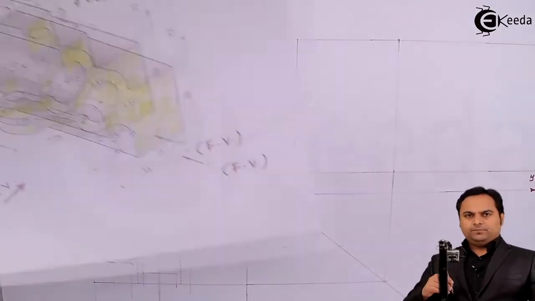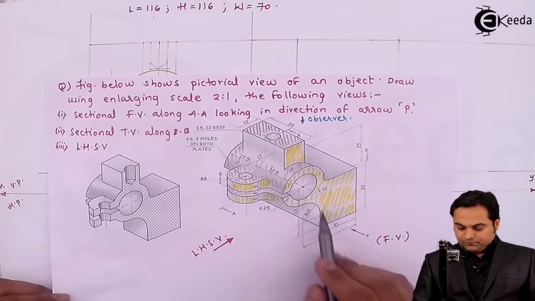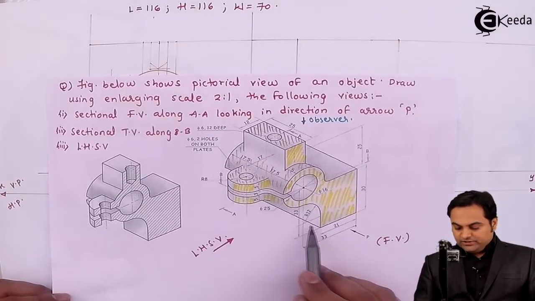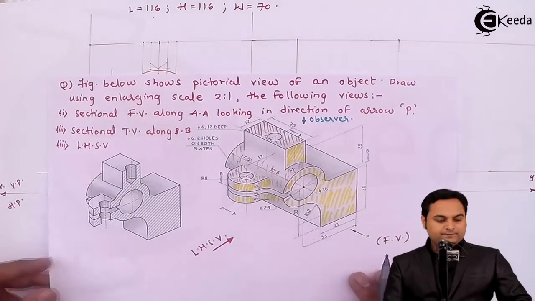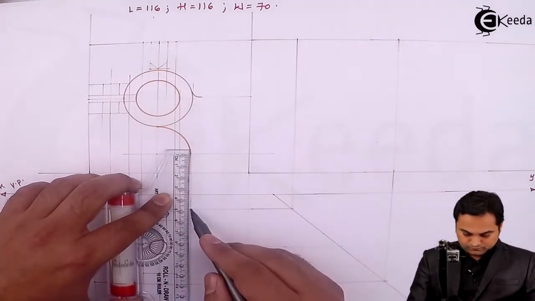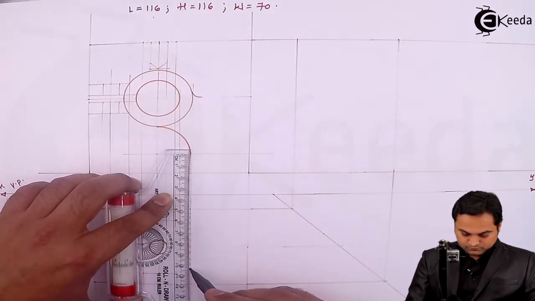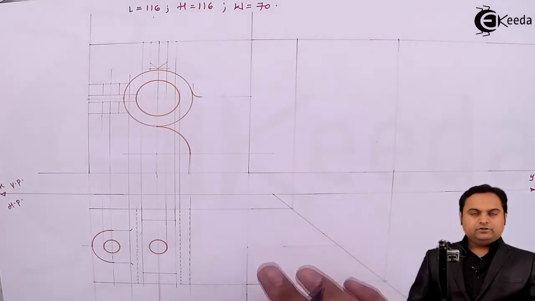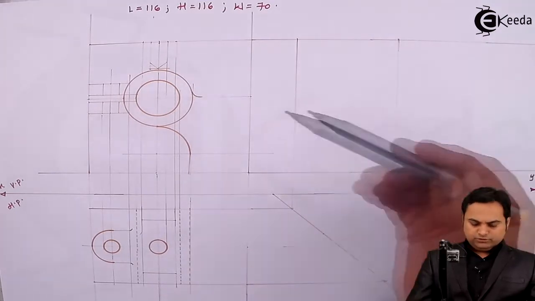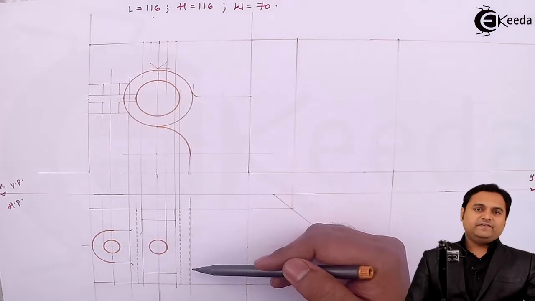Then looking from top, in that case, here there is a width which is not visible from the top, so this line will be hidden. Then after that, here I leave the top view as it is because we have to draw both the front view and top view as sectional.